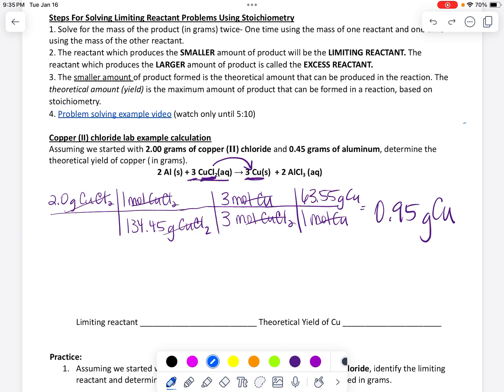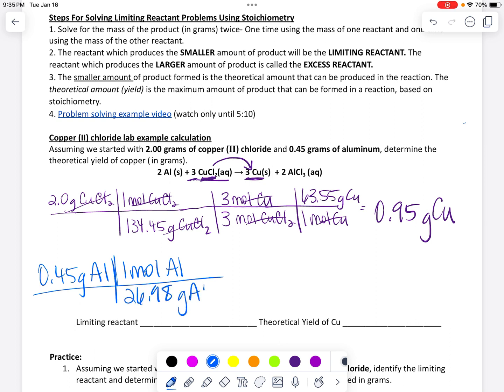So I start with 0.45 grams of aluminum. I will want to go to moles. I know that every 1 mole of aluminum is equal to its molar mass in the periodic table, 26.98 grams. Then I will relate my aluminum to my copper using the mole ratio.